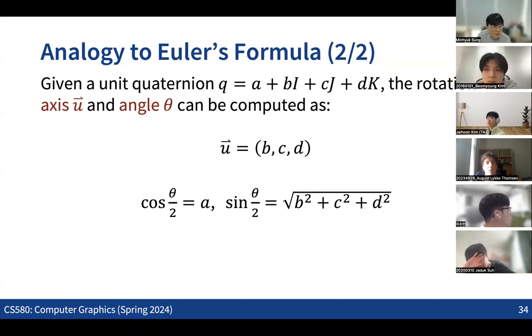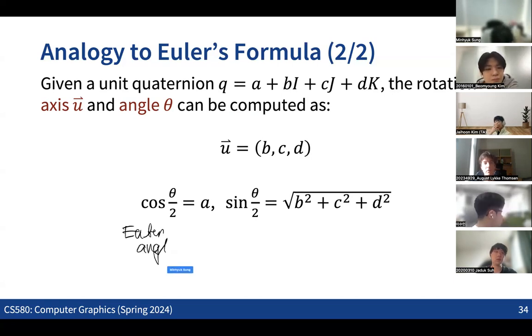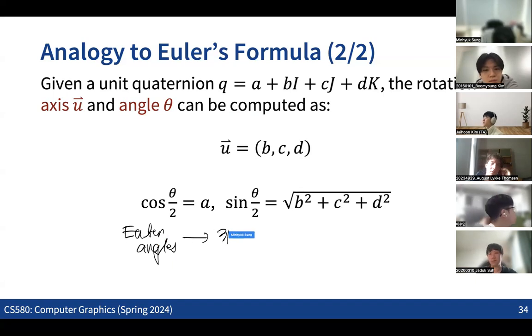Okay, check this one. From this, what we can see is how we can convert across multiple representations. Given the Euler angles, it's easy to see how we can convert this into a 3x3 matrix, right?